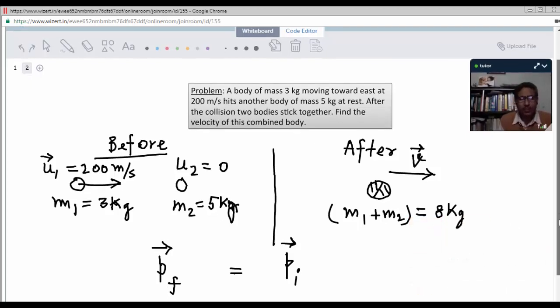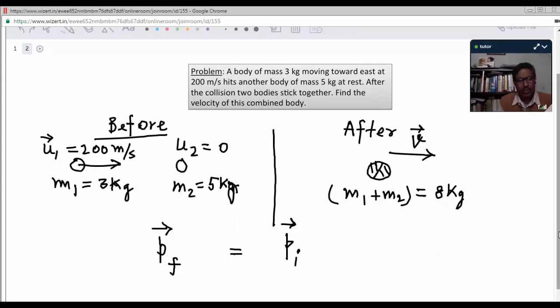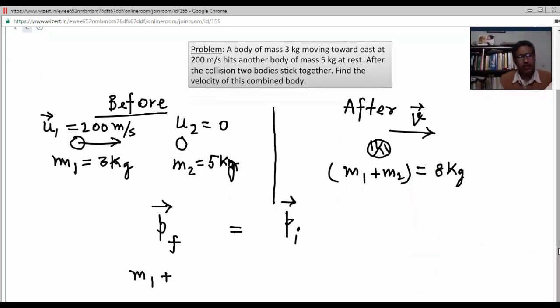Now see, what is the momentum after the collision? Its mass is m1 plus m2, and we know momentum means mass times velocity. So m1 plus m2 times v, the final velocity. So this is the momentum after collision. The initial momentum is the sum of the momentum of the two bodies, the momentum of the first body and the momentum of the second body.